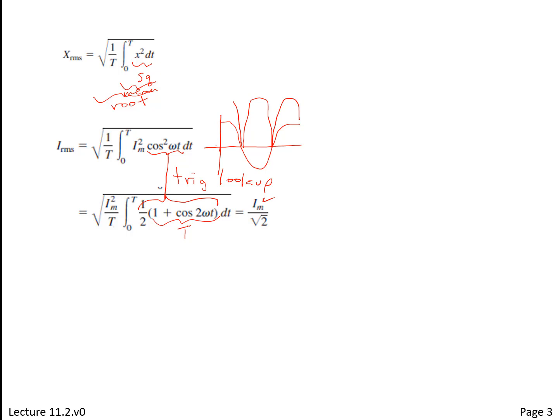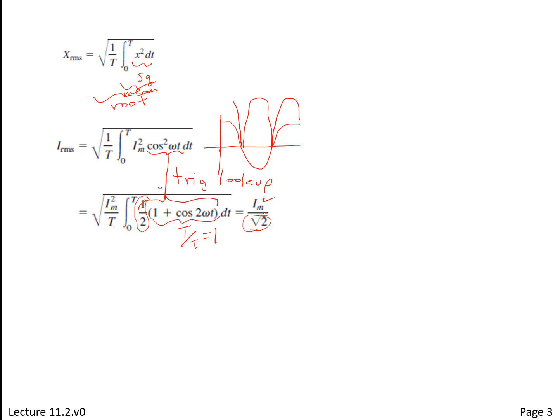You're going to have a T plus something, and that's going to evaluate to T over that integral. So then T over T is going to equal 1. So you're going to be left with this 1/2 as a constant. So the square root of 1/2, that's where this comes from.